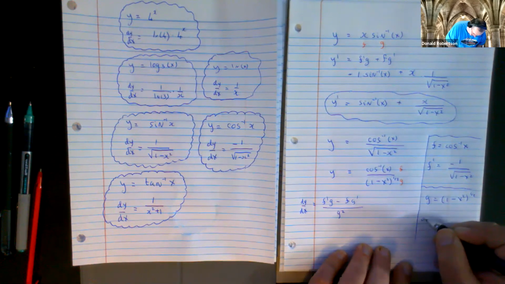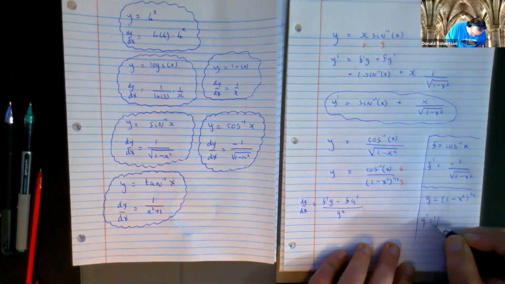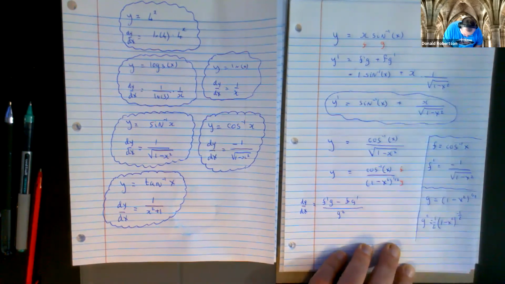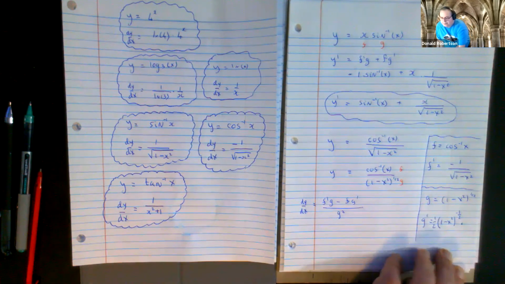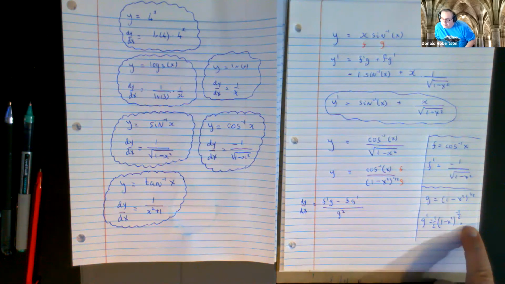That makes the derivative guy 1/2 (1 minus x squared) to the -1/2 times something. When you differentiate 1 minus x squared to the power of half, it is a chain rule, agreed? So what have I still to write down here?